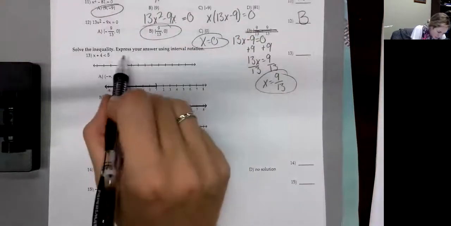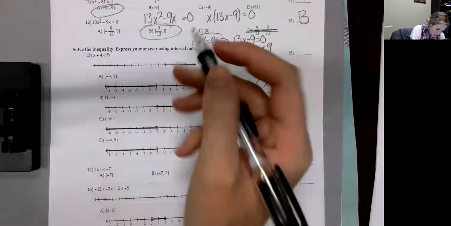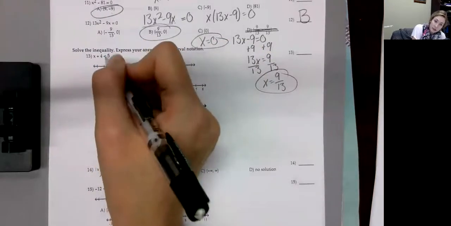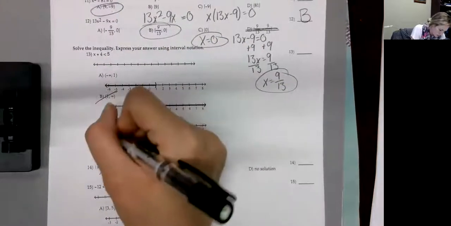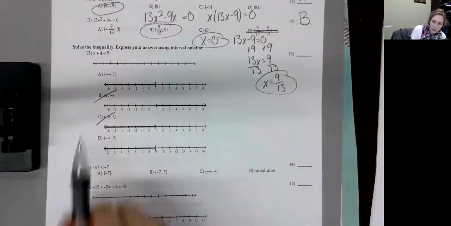Okay, solve the inequality, express your answer using interval notation. It's a less than, and it doesn't have an equal sign, so it can't have a bracket, because brackets mean equal to.